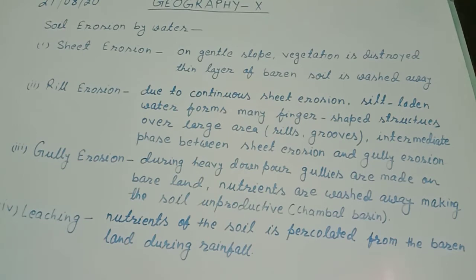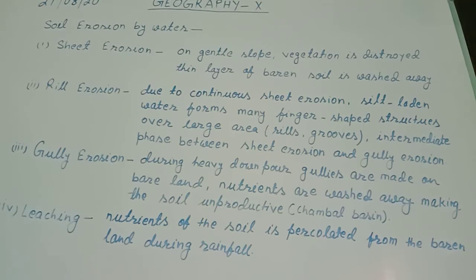The removal of topsoil is soil erosion, in which three factors are involved: first, water; second, wind; and third, human activities. These three factors are involved in soil erosion.